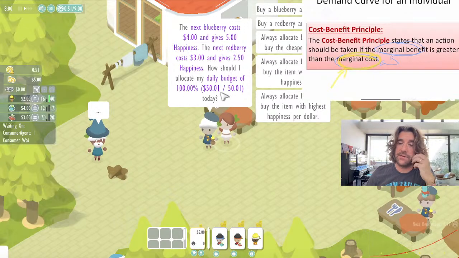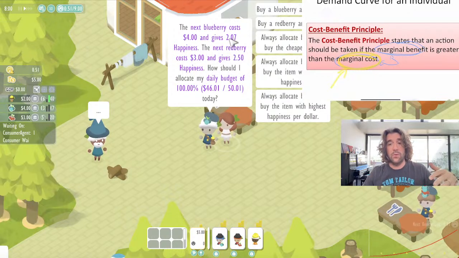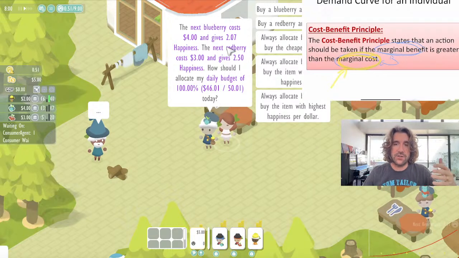One way to do this is for you to just instruct this person to buy a blueberry or buy a red berry. So for example, let's say I buy a blueberry. When I do that, you can see that the happiness from blueberries now, so we have bought that first blueberry, and now we are considering the next choice. Okay, I've got that blueberry in my stomach now.